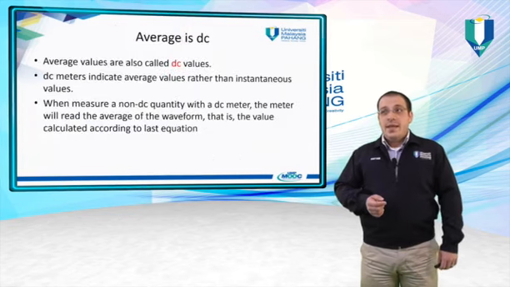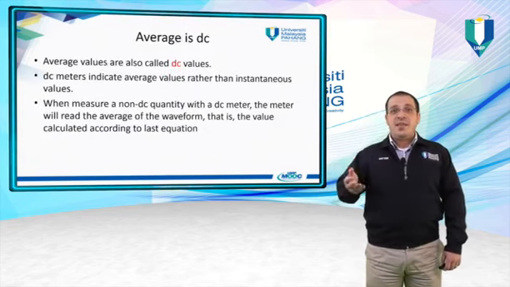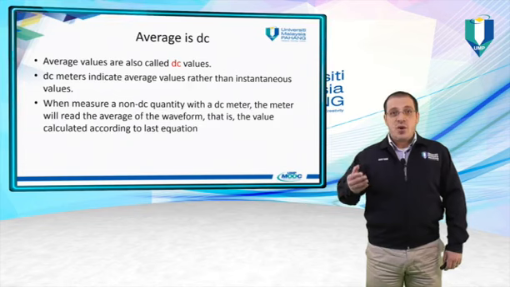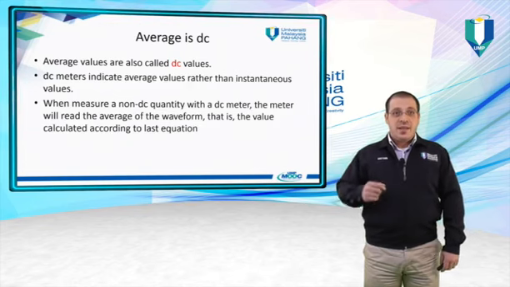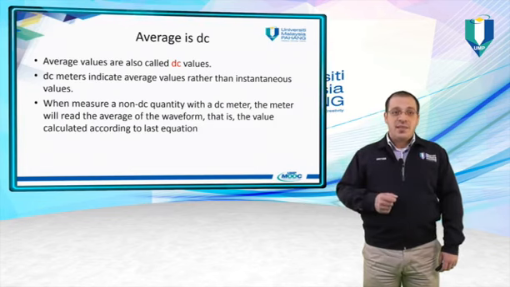In our case, the length of the base is 5. In electricity, the average usually represents the DC, the direct current. Average values are also called DC values. If you have a DC meter, it indicates the average value rather than the instantaneous value.